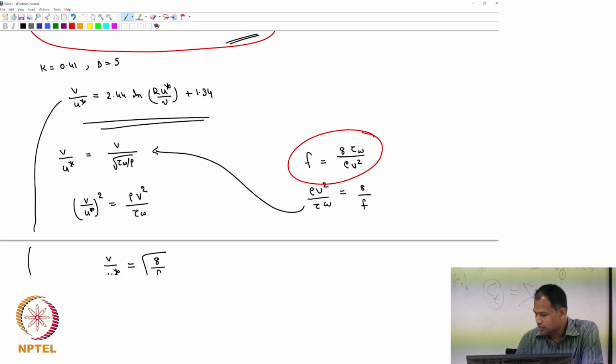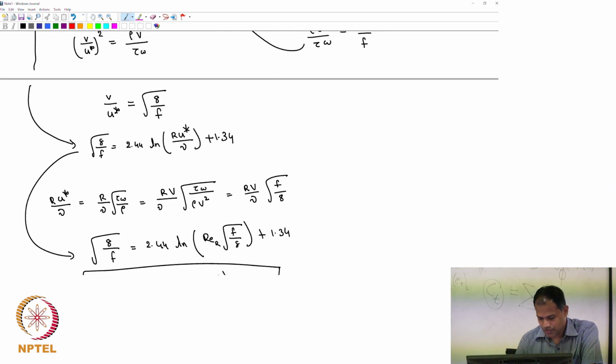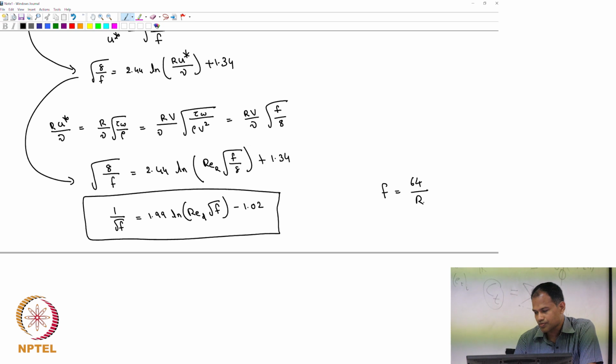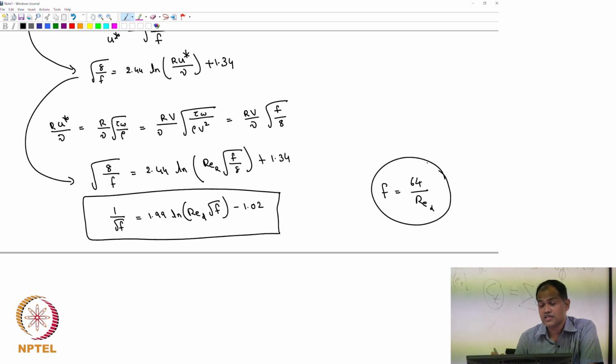And therefore, we ended up with this expression, which is 1 by root f approximately equal to 2 log Re root f minus 1.02, as opposed to what was in laminar flow. I'm putting the suffix d to show that the Reynolds number is calculated based on the diameter and not on the radius.